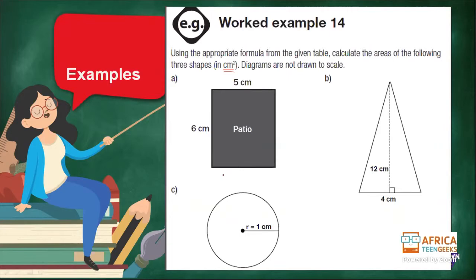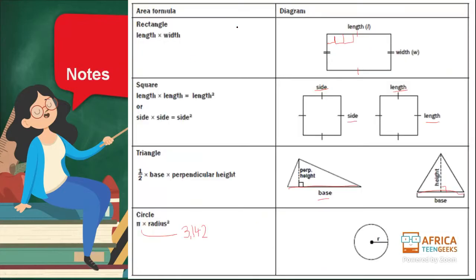I need you to calculate the area of A. What is the area of shape A? Now, the formulae that we have above are the different formulas that you can use.